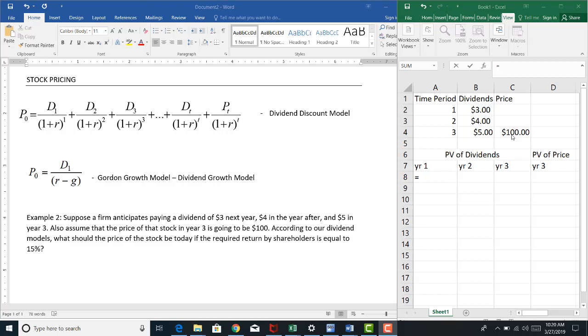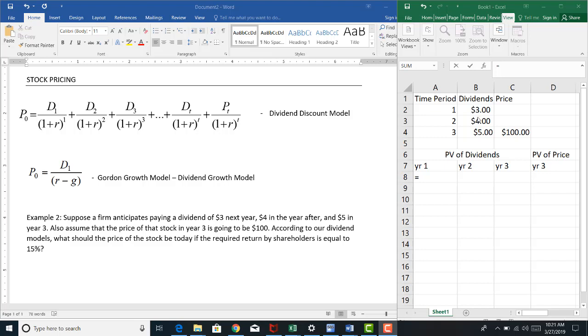The first thing we need to determine is what model should we use, the dividend discount model or the Gordon growth model. So note something carefully here. Even though the dividends are growing by a constant amount, they're not growing by a constant rate G. And they're not growing by a constant rate G forever. We only have 3 years of dividends. For instance, the dividend is growing from year 1 to year 2 by $1.